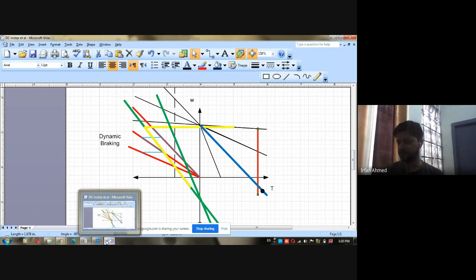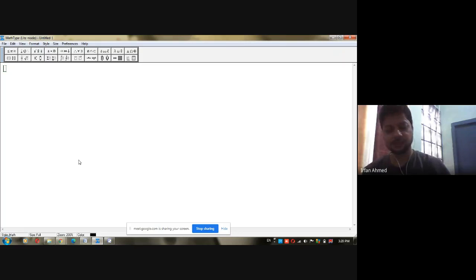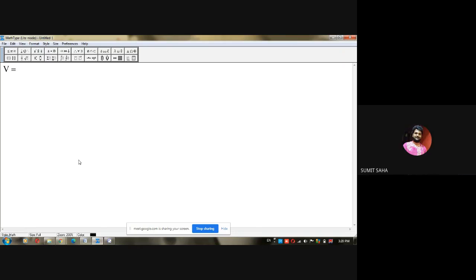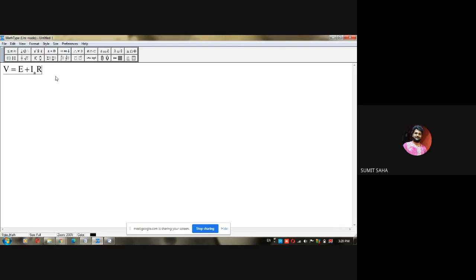Okay, DC series motors. Now for any DC motor, the basic equations still apply. What were the basic equations? First of all, V is equal to E plus IA R, where R is the resistance of the armature circuit, the armature resistance.